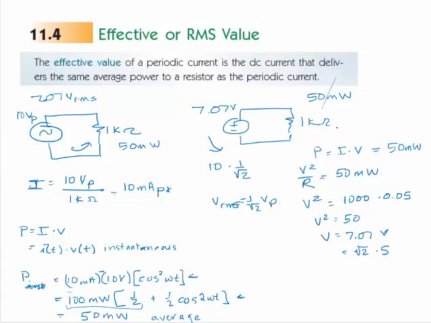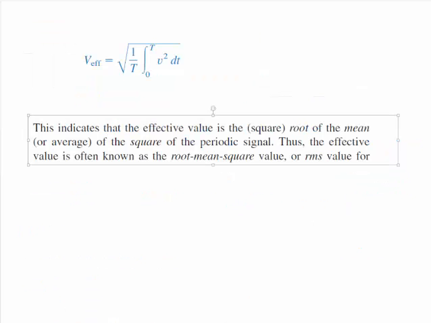So 10 volts peak is effectively 7.07 volts RMS, and a 7.07 volt DC signal will dissipate the exact same amount of power as a 7.07 volt RMS circuit will dissipate. That's where the effective definition comes into play.